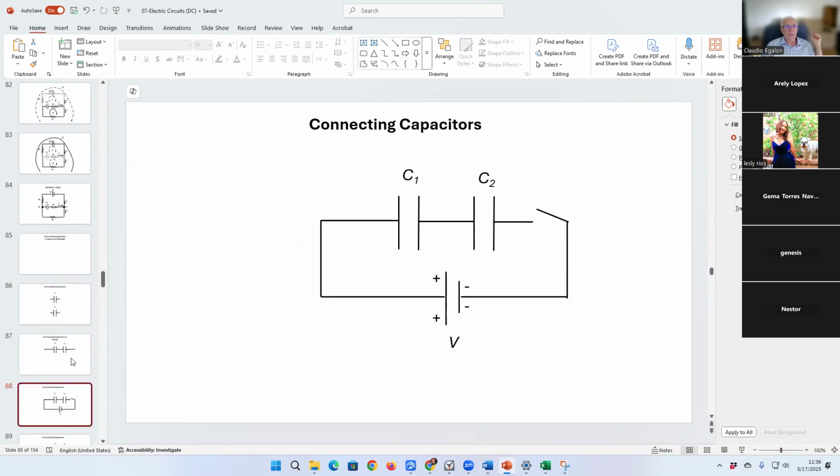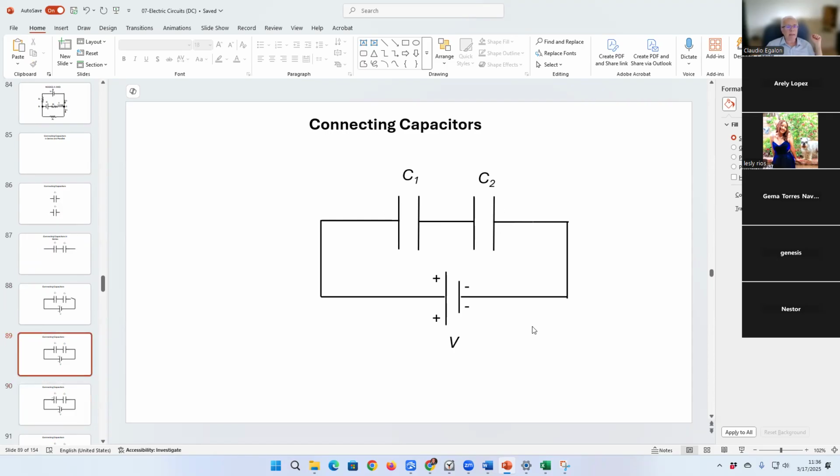We have this simple circuit, no resistors whatsoever, just two capacitors in series. And what's going to happen here? When we close the circuit, the electric potential across this capacitor plus the electric potential across this capacitor must be equal to V, conservation of potential energy, okay?